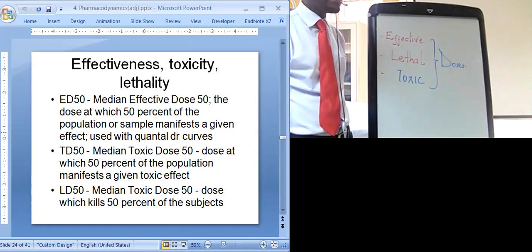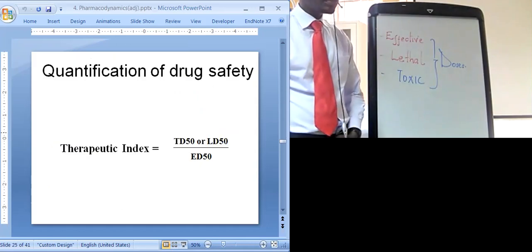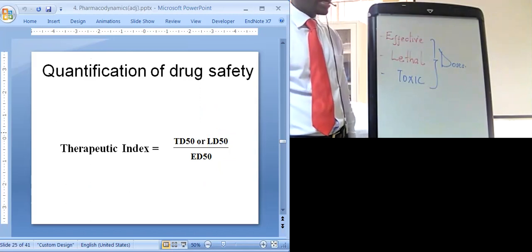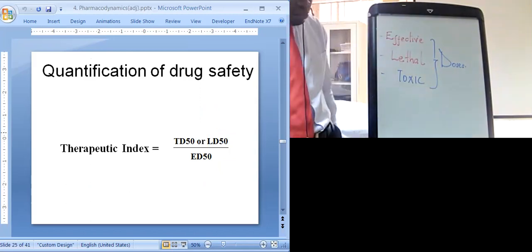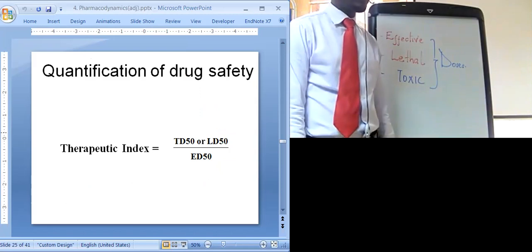Now, what is the importance of these doses? They are important to determine what we call the therapeutic index.